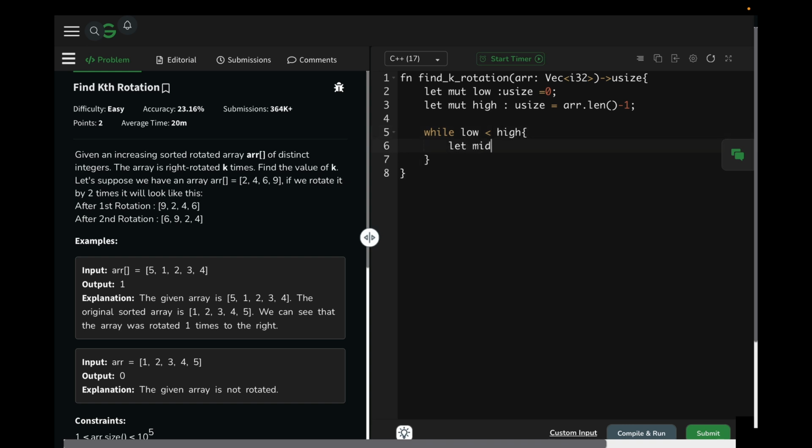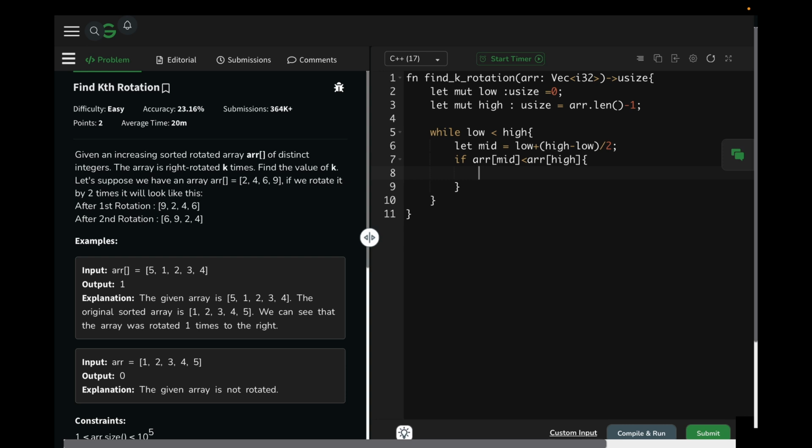and I calculate my mid. So my mid is equal to low plus high minus low by 2. And if my ARR of mid is less than ARR of high, in that case my mid could also be the lowest element. So I don't do high is equal to mid minus 1, I do high is equal to mid.